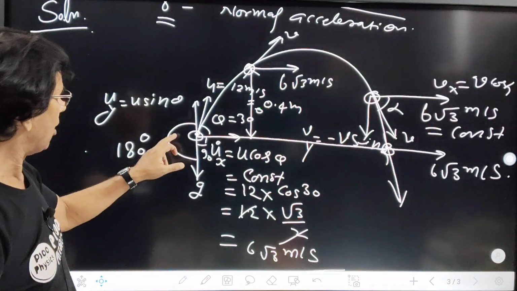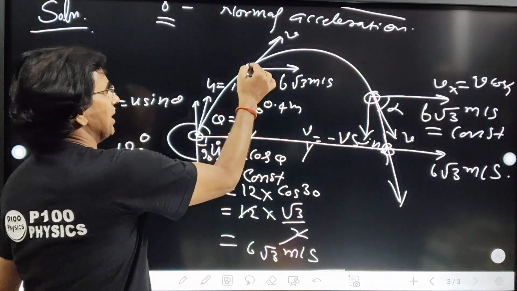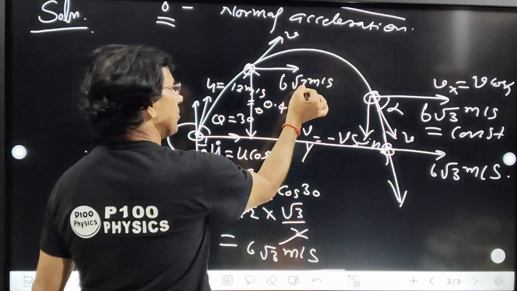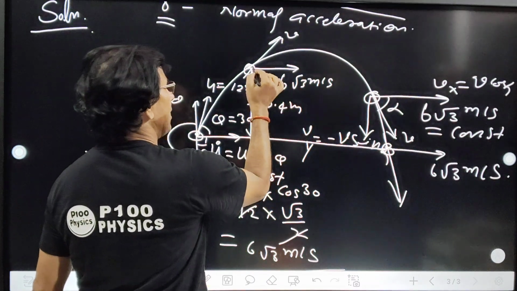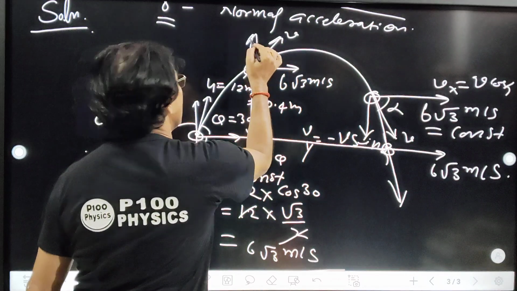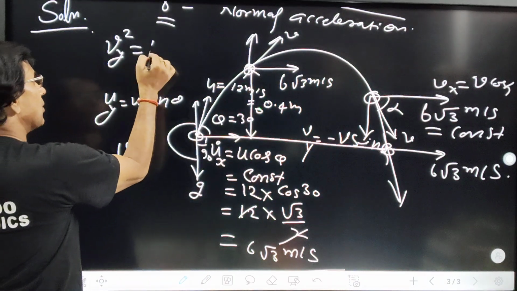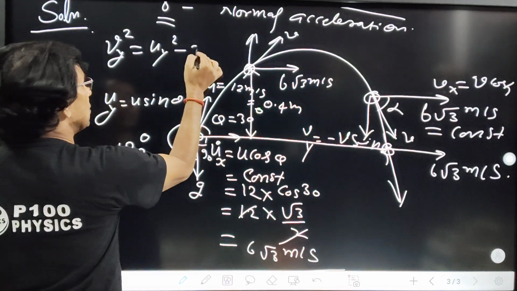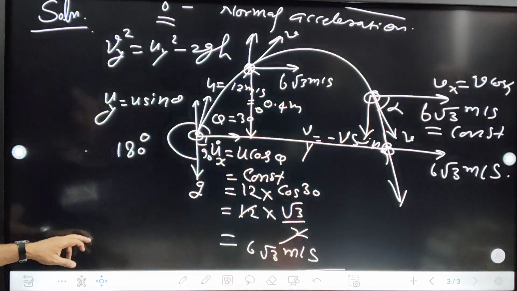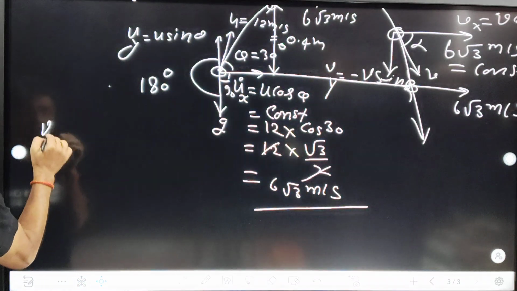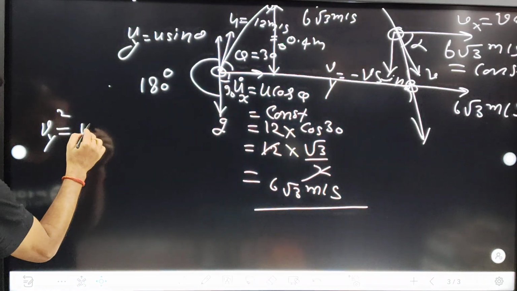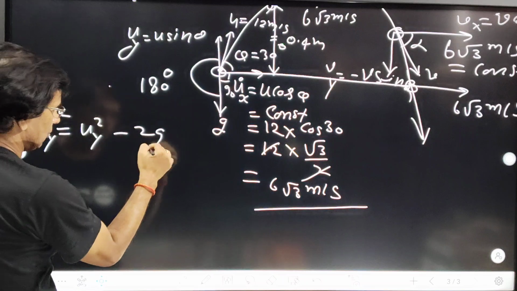And now you have to find the velocity. The horizontal component is 6√3, and you also have to find the vertical component. What will be the vertical component? Since you know that Vy squared equals Uy squared minus 2gh, let's solve here.